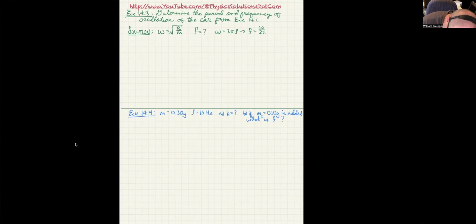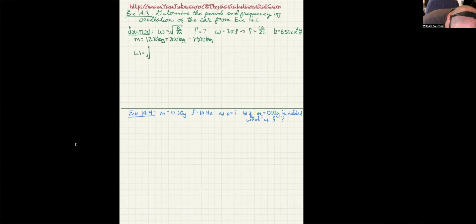So I'm going to go ahead and write k is equal to 6.53 times 10 to the fourth newtons per meter. And I'm going to say m is equal to 1,200 kilograms for the car plus 200 kilograms for the two people, or the four people. So that's going to give us 1,400 kilograms.